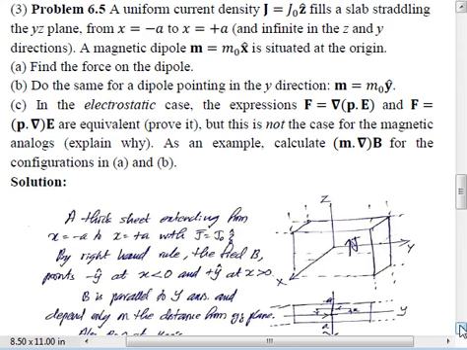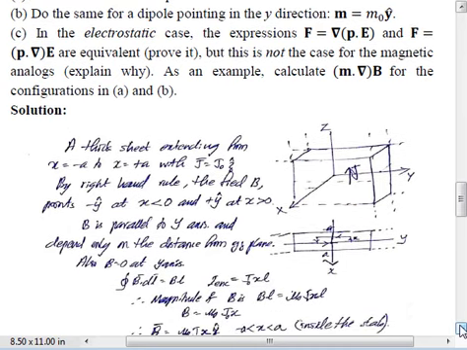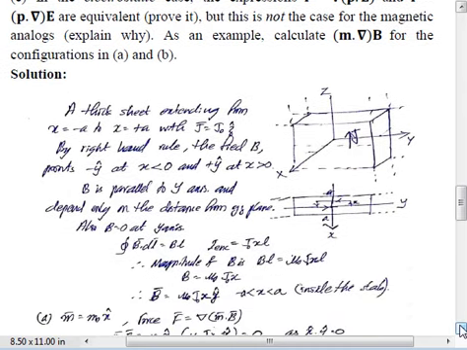As the first step, we have to find the magnetic field produced by this thick slab, which extends from x equal to minus a to x equal to plus a with J equal to J0 z cap. Now by the right hand rule, if we point the thumb of the right hand along the direction of current, that is along the z direction, the remaining fingers curl in this direction.